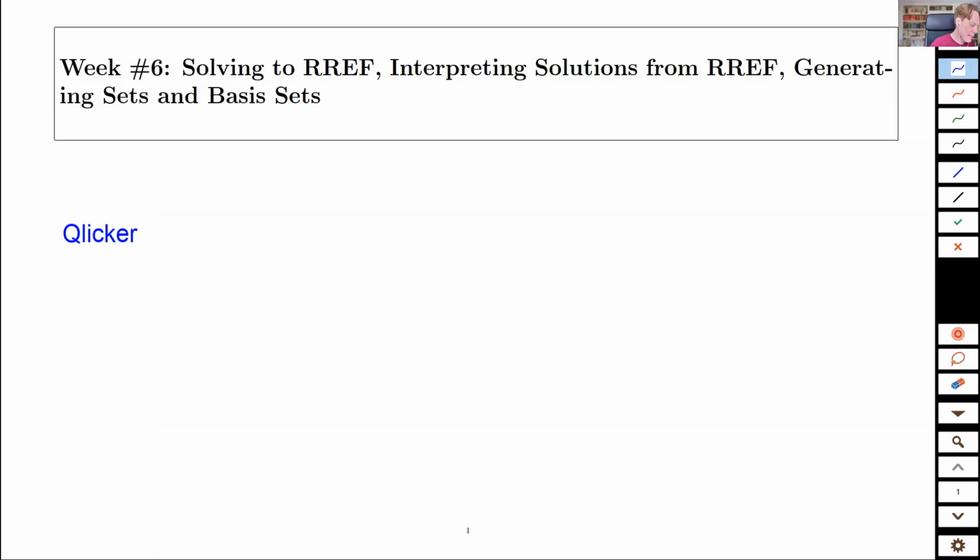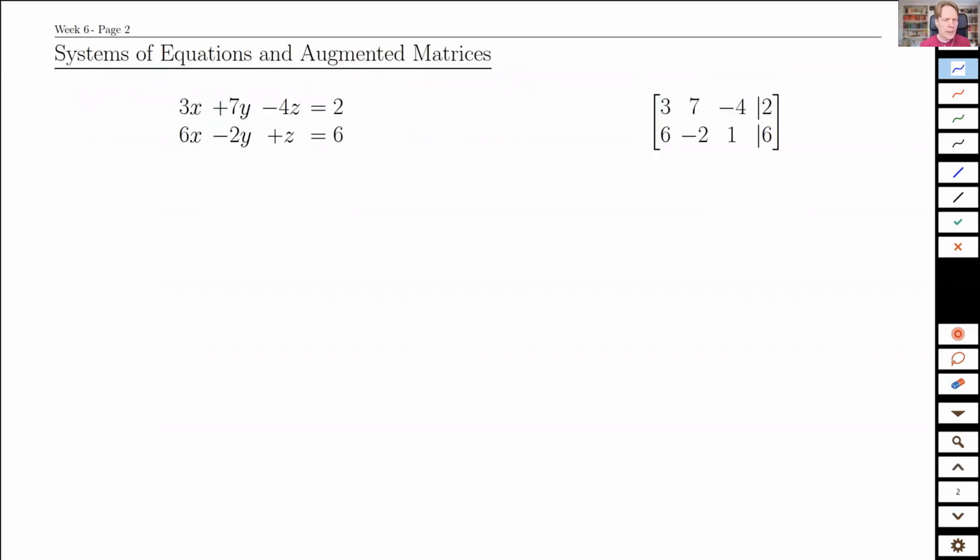Alrighty, let us dive in. So speaking of Fridays, last Friday, we had a class where I tried to show one quick example of a matrix form for working with equations. And there was this duality here in terms of how we could choose to represent systems of linear equations.